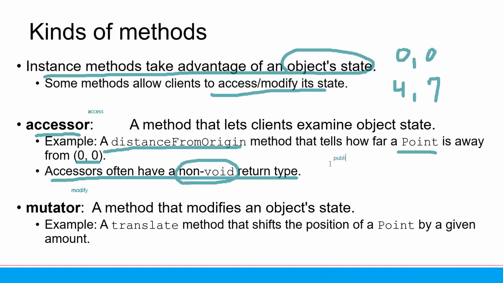We know that a method can be public void something, or it can be a public integer. If it is integer, then we have a return value with integer. If we have public double name, then it will return a double value. But if it is void, there is no return value.